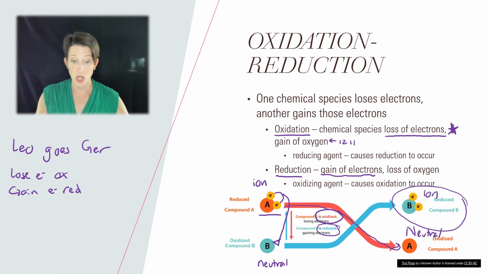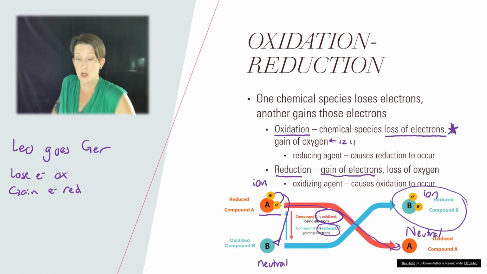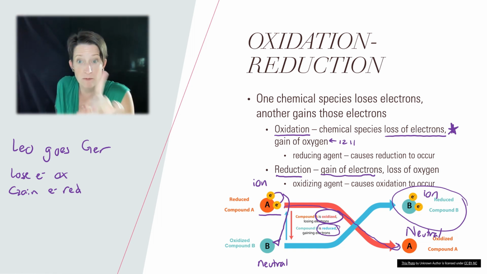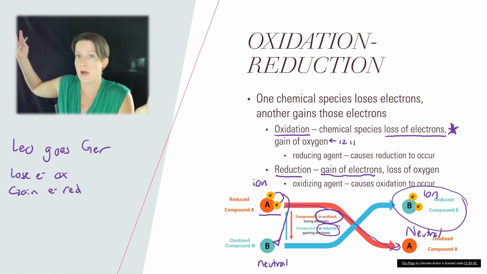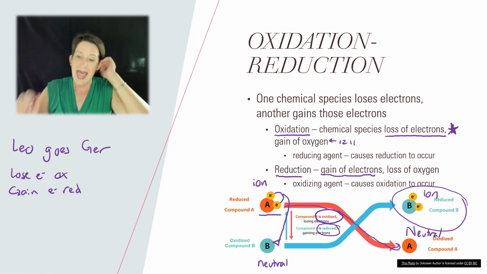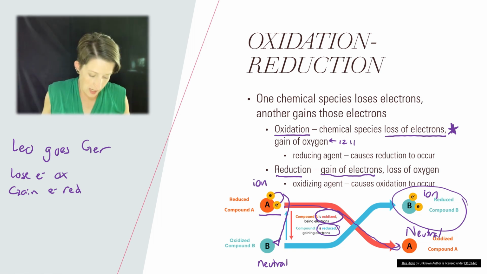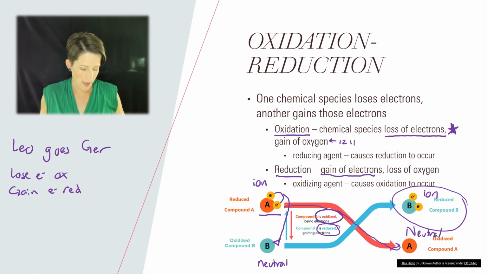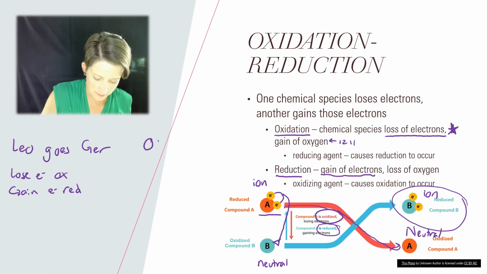A cannot just go from an ion to neutral. Those electrons have to go somewhere. Ionizing radiation is when electrons just get chucked off into the surroundings, and we don't want to be ionized because that can cause health issues and all sorts of things. So it has to have both. Another mnemonic is OIL RIG.